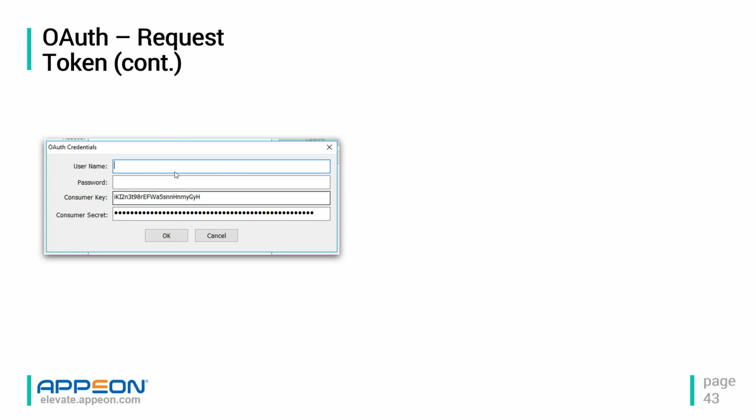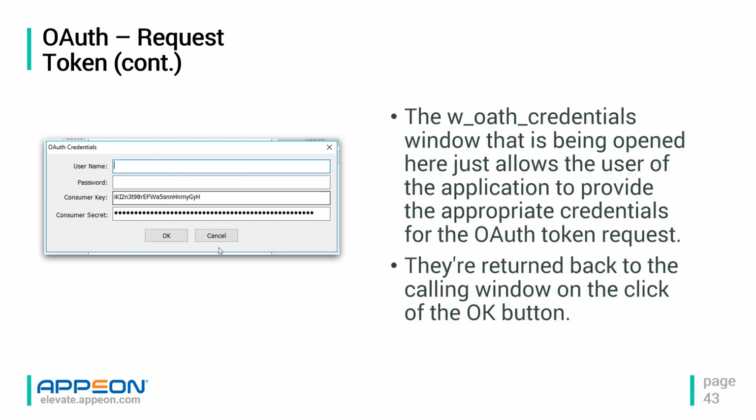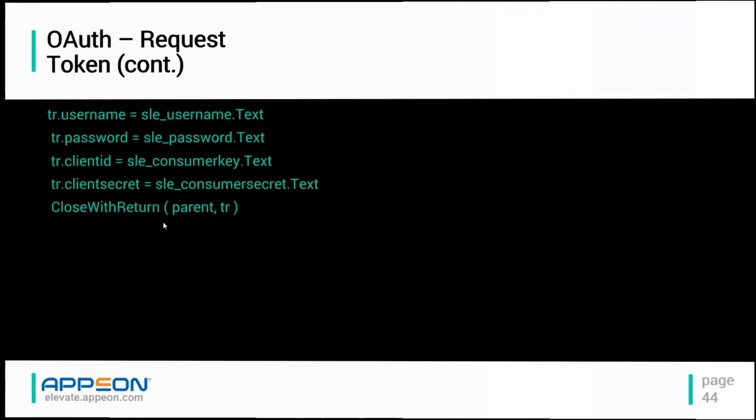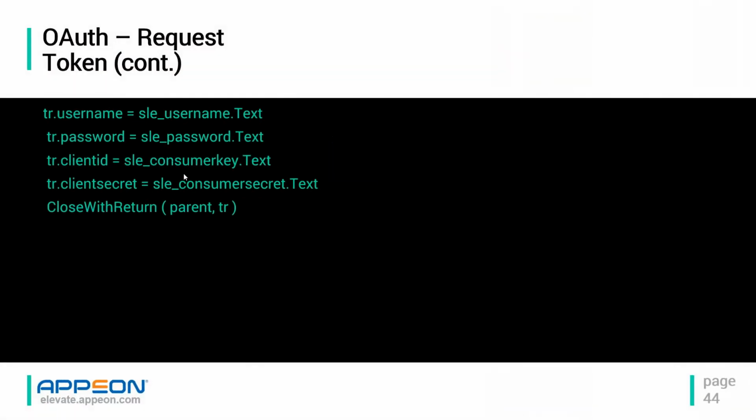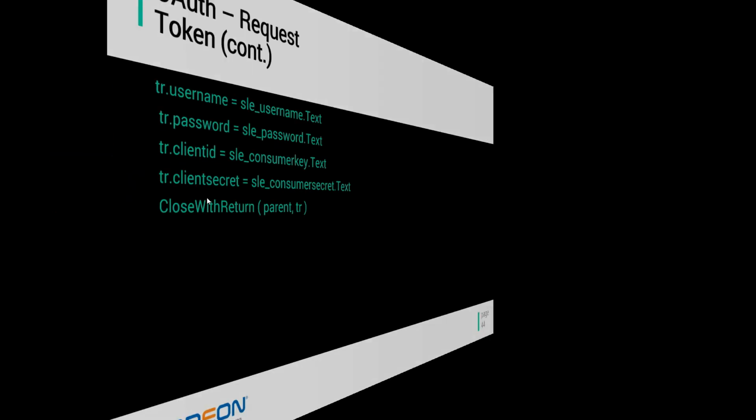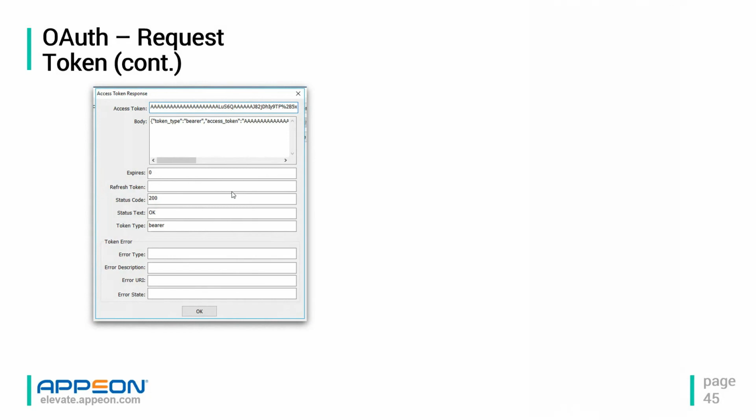You'll need to populate those with whatever you have for the application you create when you want to test this out. And this is basically all that this window does: it takes the token request, grabs the values that the user may have entered, and returns the token request back to the original method.